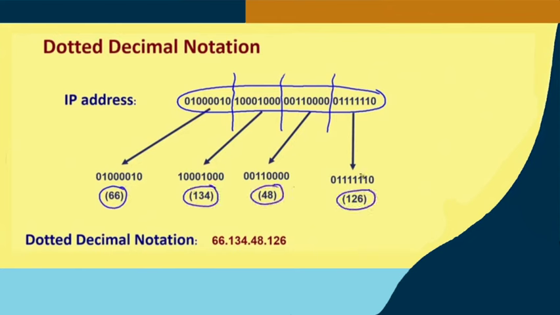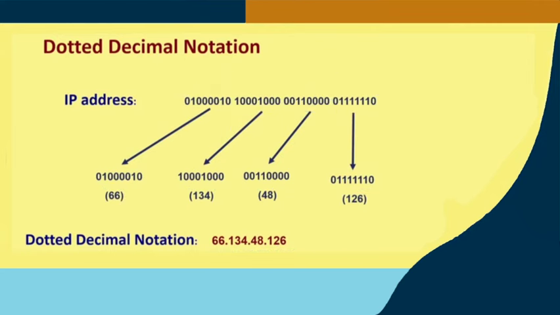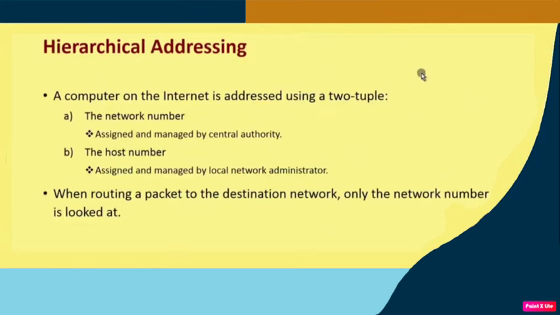And this 32-bit number we are expressing in a concise form like this, 66.134.48.126. This is the so called dotted decimal notation, which is much easier to write, express and also remember. This is the basic idea.